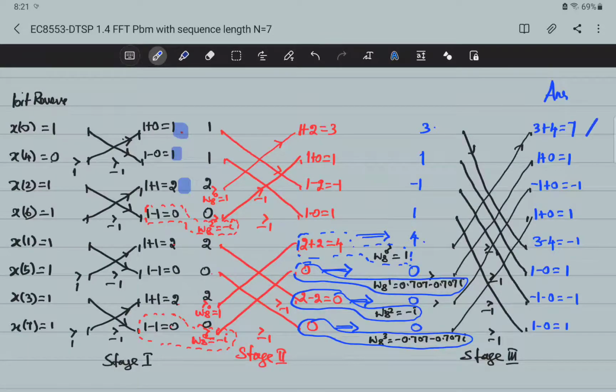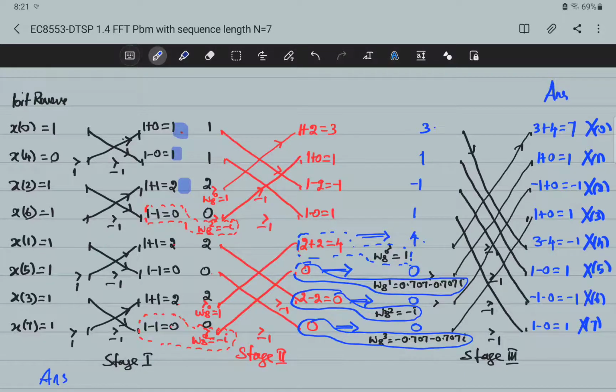So you must write this is your capital X0, X1, X2, X3, X4, X5, X6, X7. So we must write the final answer. So what is the final answer?